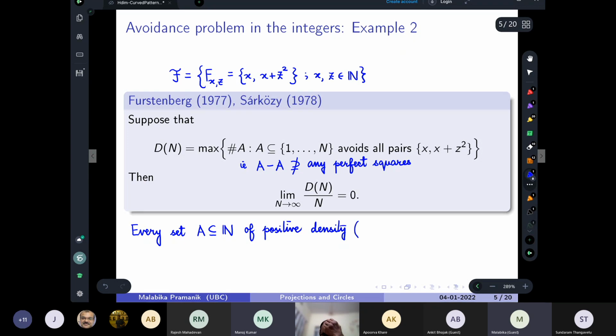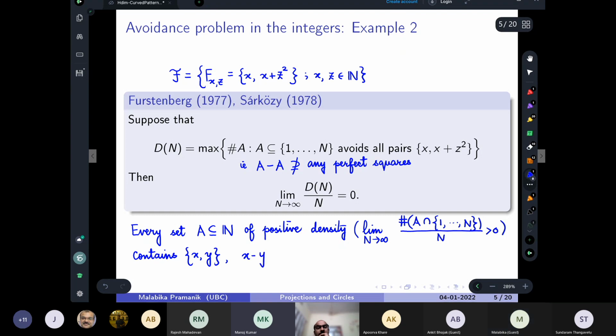This is where the limit as N goes to infinity of the cardinality of A over N is positive, every such set A contains pairs x, y with x minus y being some non-zero z squared.